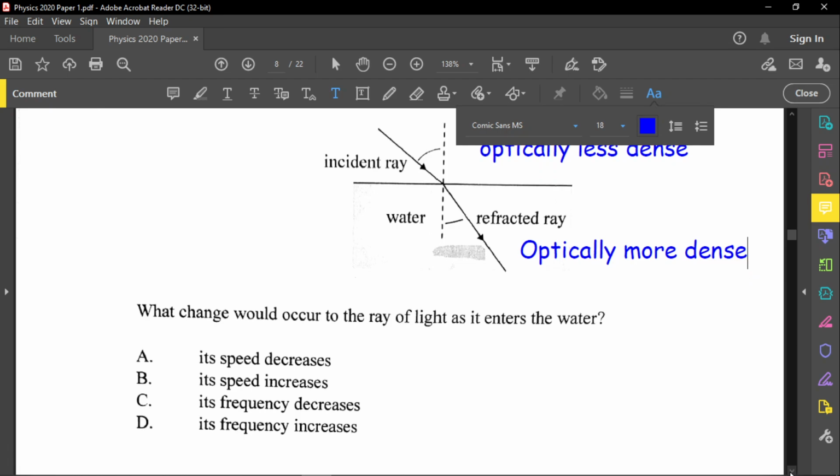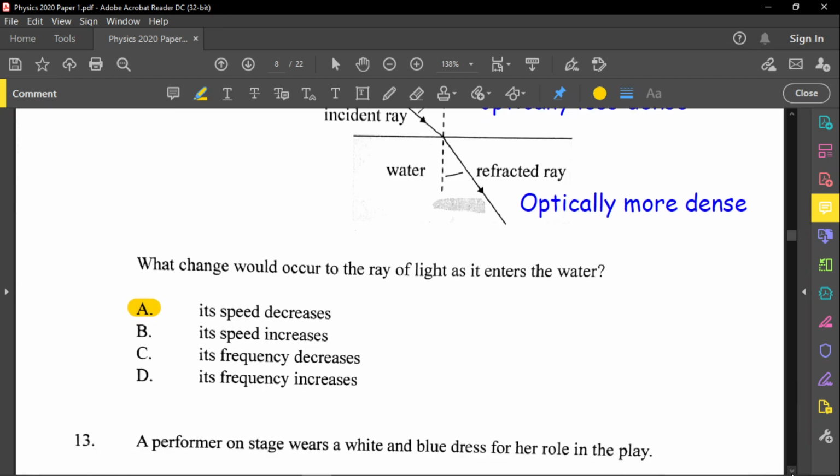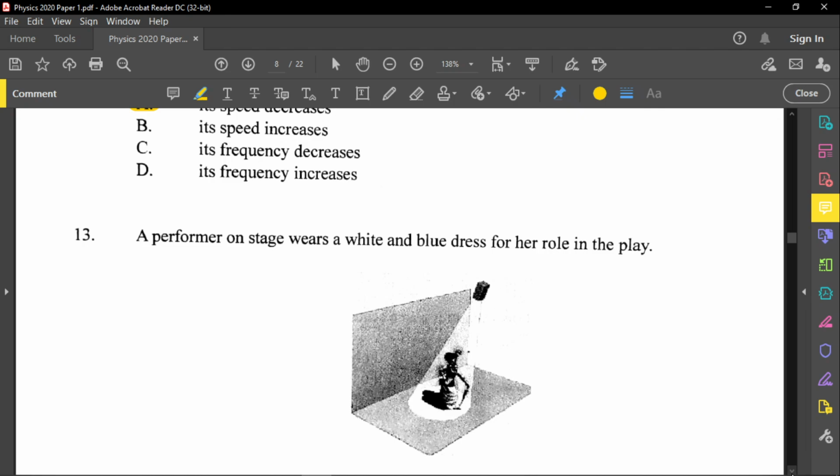They didn't talk about the angle, but they talked about speed and frequency. So if it's going into an optically more dense object, then the speed of the light will be slower than what is going in. So there's a decrease in speed. So A will be your option here, okay? Decrease in speed. Optically more dense, so it's denser. The particles of the light have a more difficult time to pass through.